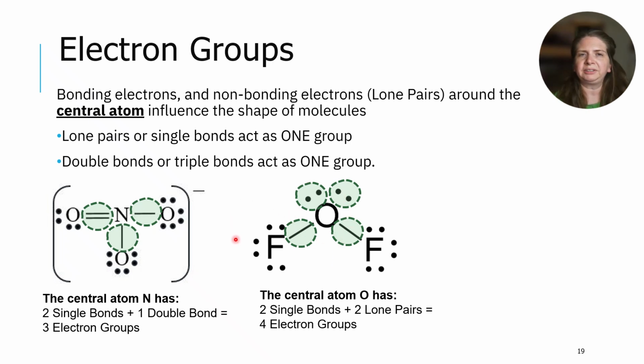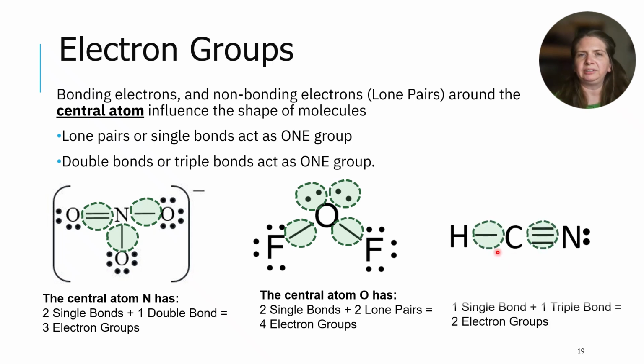The lone pairs on the fluorine atoms belong to only the fluorine and are not considered when determining the molecular shape. Here is the Lewis structure for hydrocyanic acid, HCN. Around the central carbon atom, there is 1 single bond and 1 triple bond, giving us a total of 2 electron groups.